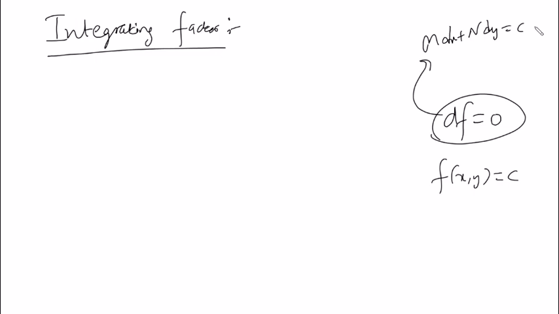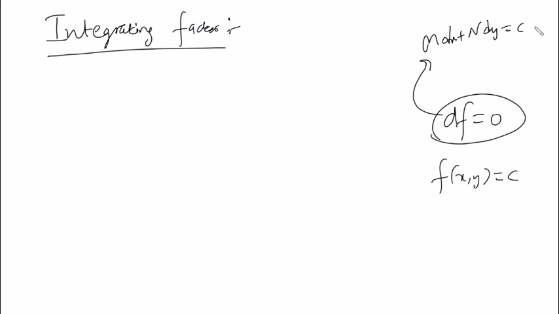You figure out some factor, some function, we call it integrating factor. You multiply it with the differential equation, and after multiplication your differential equation becomes exact or integrable. That is why the function with which you multiplied is known as integrating factor, because it causes the problem to become exact from being non-exact.